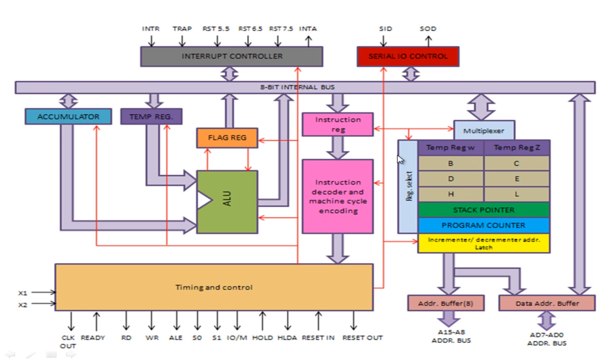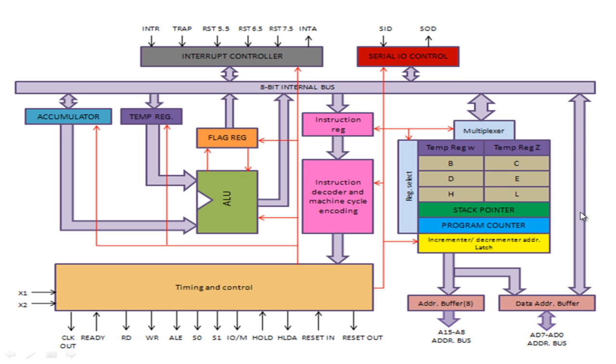Now the next block is the instruction register. Suppose we are handling some instruction from memory; it will come from these address lines and be transferred via this line.